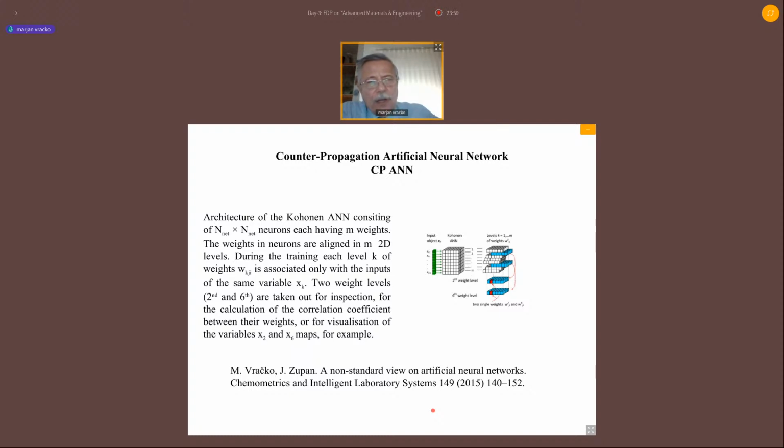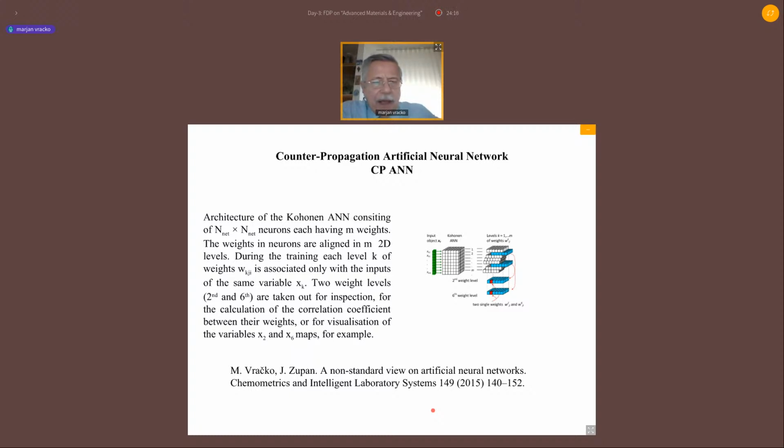This is the same mathematical structure. This mathematical structure has been proposed by Finnish statistician Teuvo Kohonen, in the 80s.